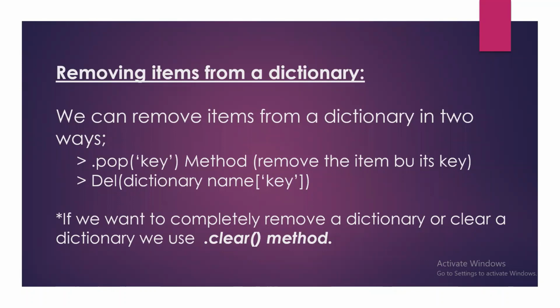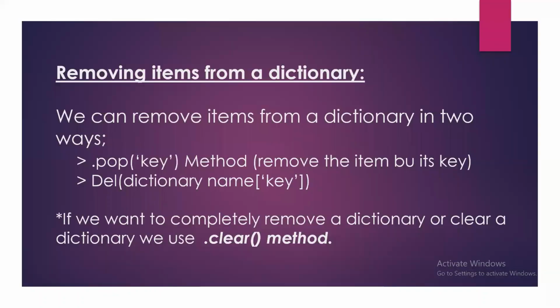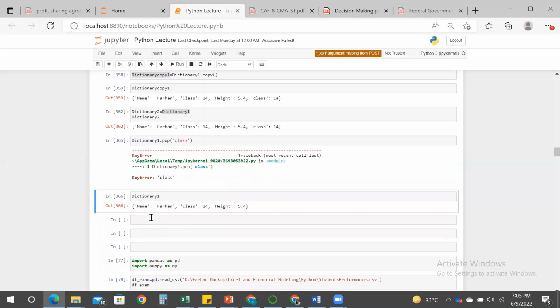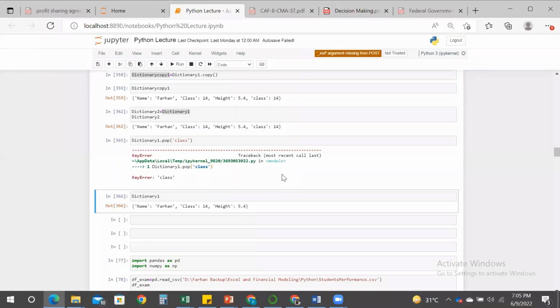We are discussing dictionary. So let's use the del function to remove another item from the dictionary. How will we use the del function? We will give the del function, and inside the parentheses we will give the name of the dictionary from which we want to remove an item, and inside the square bracket we will specify the key of the item which we want to remove. So let's do this.